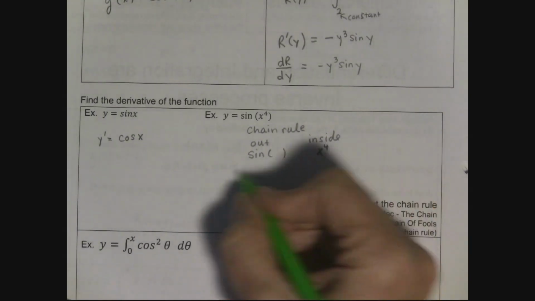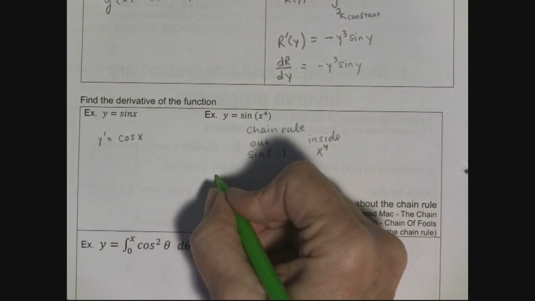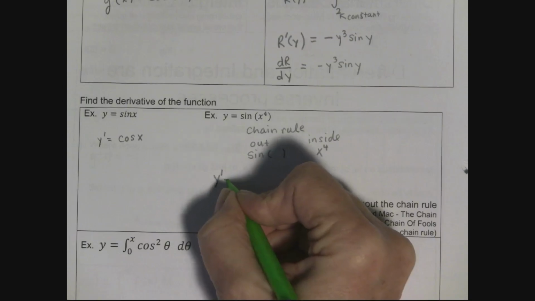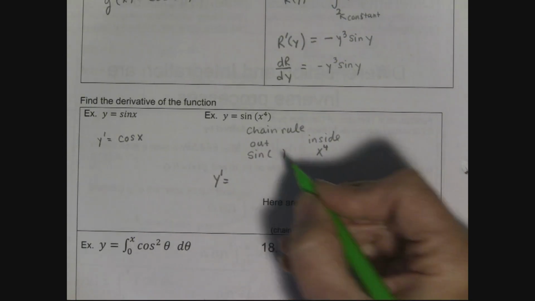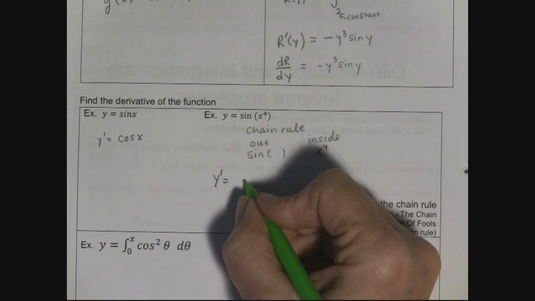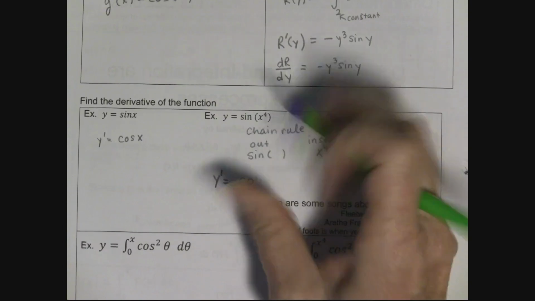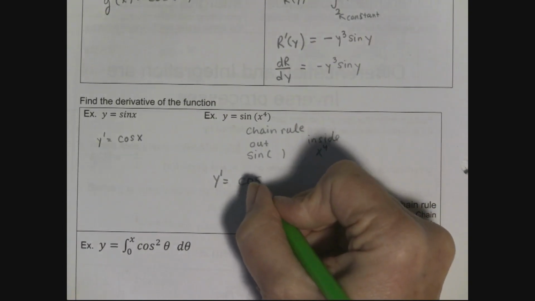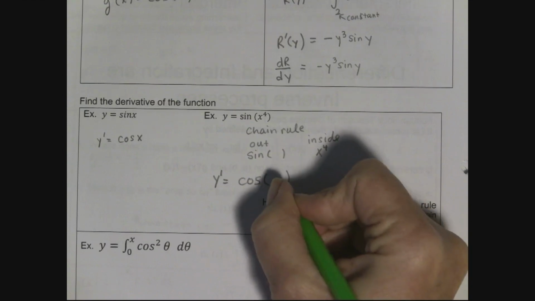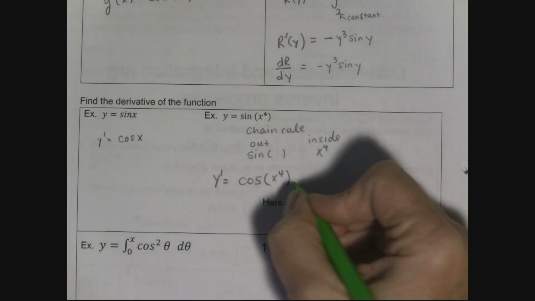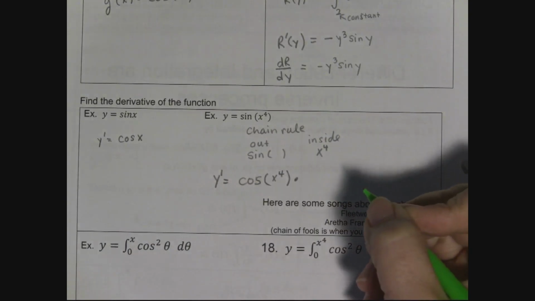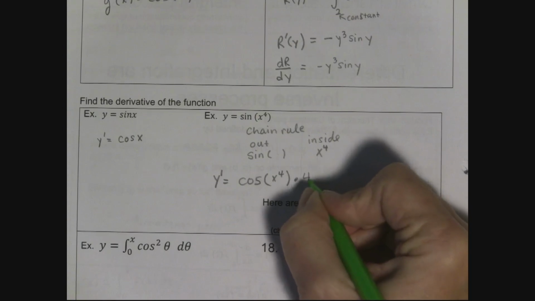To find the derivative, y prime, whatever notation makes you happy, the derivative of the outside function is cosine of the same inside function, x to the fourth, times the derivative of the inside function, which is 4x to the third.